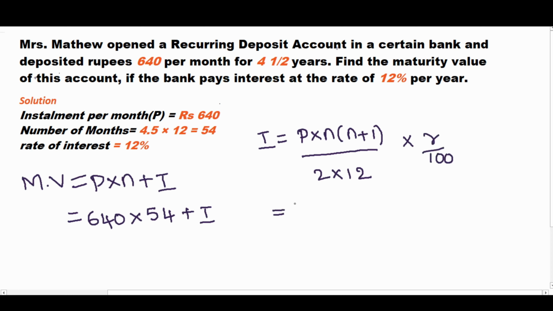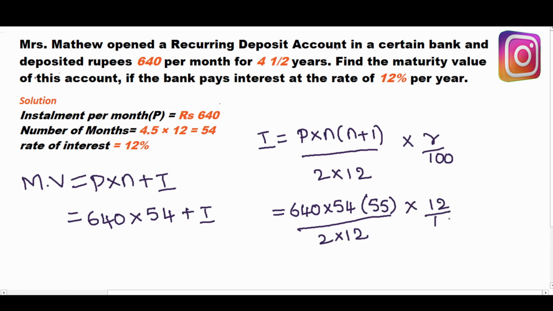I get 640 into 54 into 55 divided by 2 into 12 into R is 12 by 100.